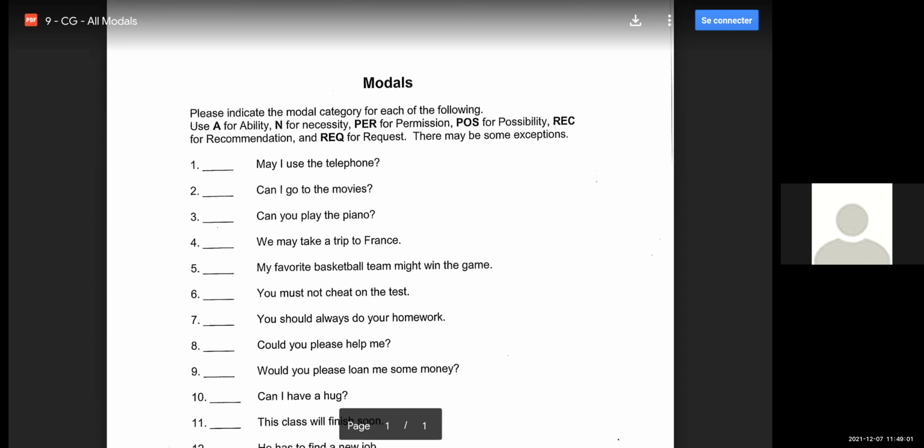I think recommendation. Okay. Number 5. My favorite basketball team might win the game. Possibility. Yeah, ability. Yeah, that's good.